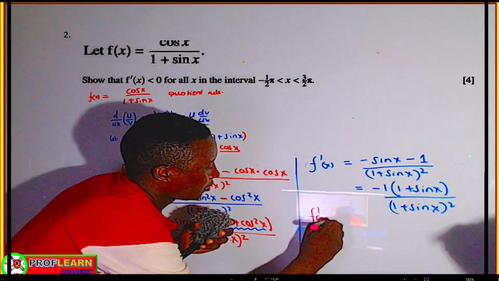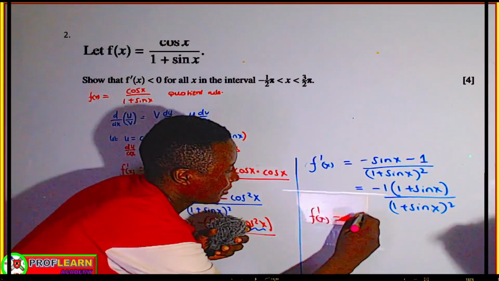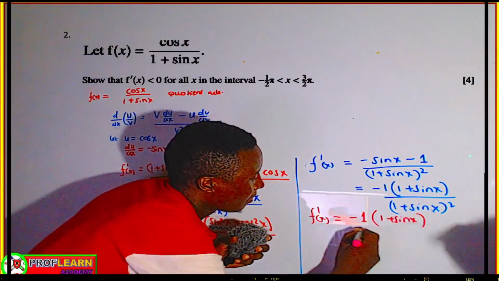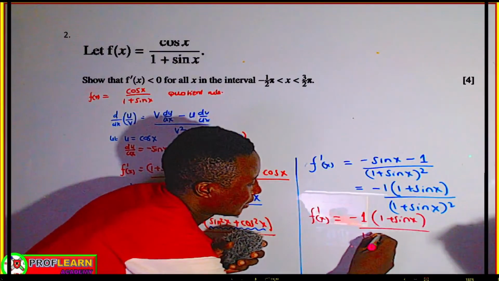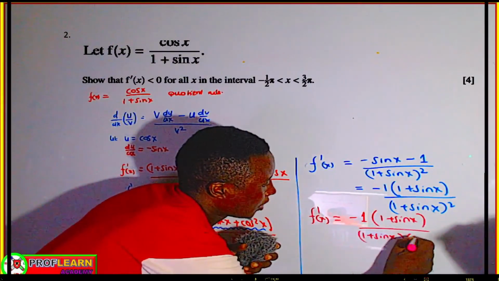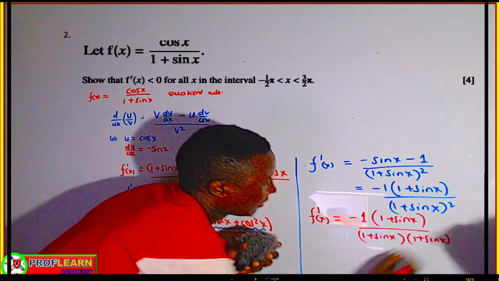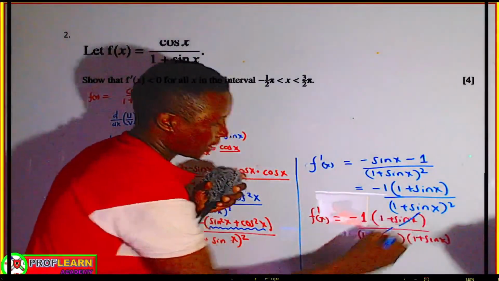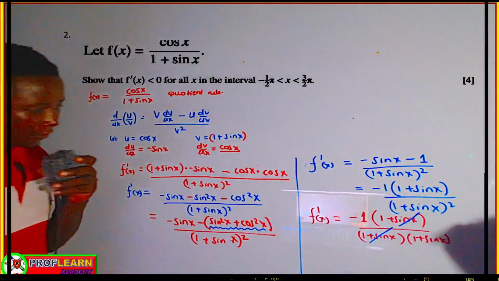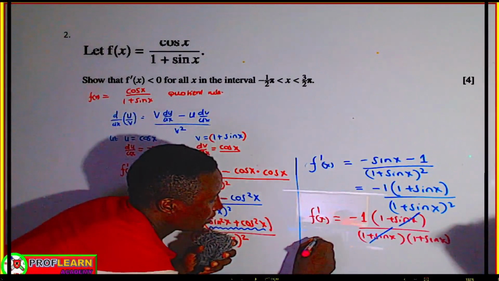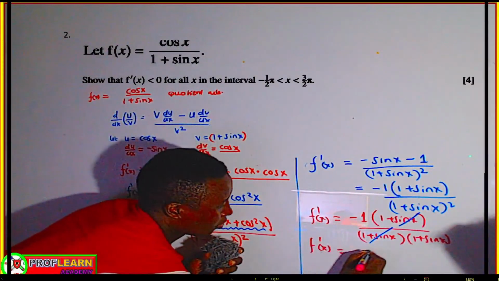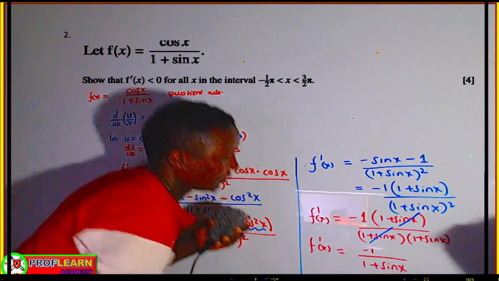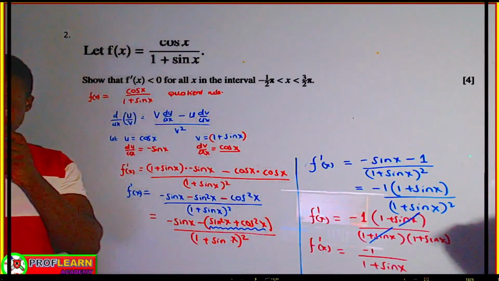For those who are not seeing what I'm seeing, this is 1 plus sine x over 1 plus sine x into 1 plus sine x, and at this point they will cancel out, and we eventually remain with f prime of x equals negative 1 over 1 plus sine x.